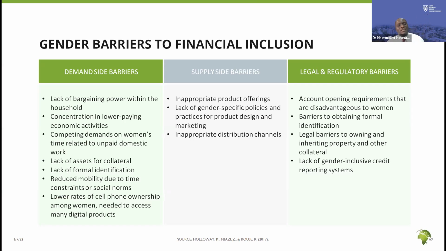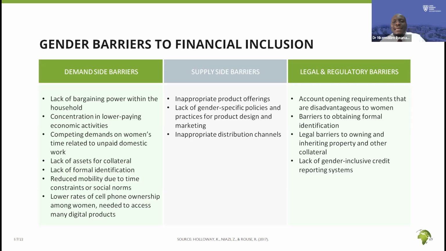Lots of financial service providers do not have gender-specific policies and practices that influence product design and product marketing. Another challenge is inappropriate distribution channels. So products are typically distributed through channels that women do not typically consume from.